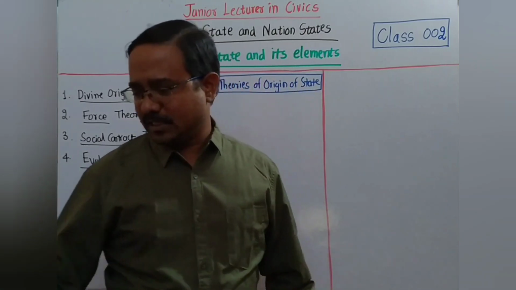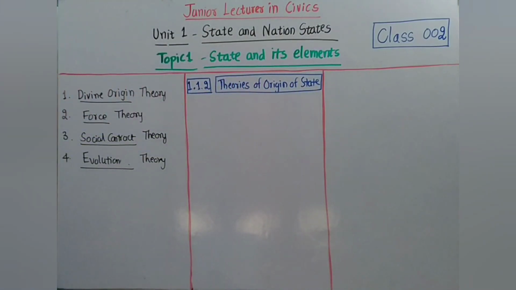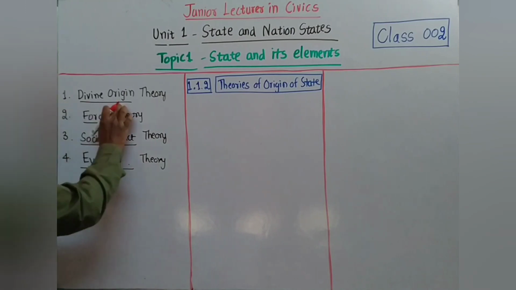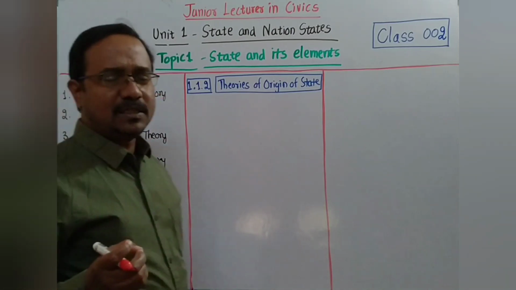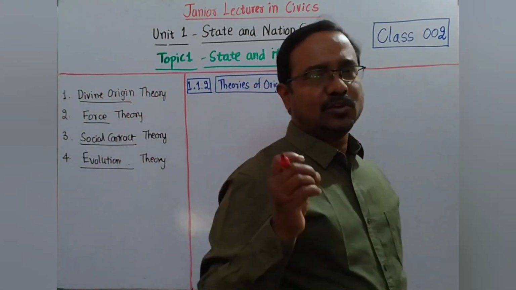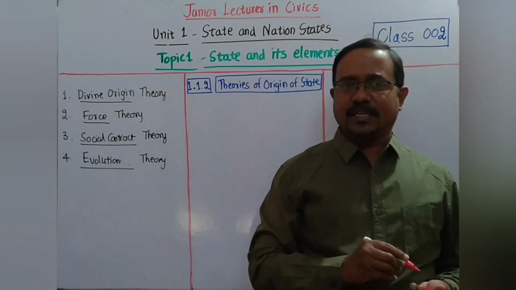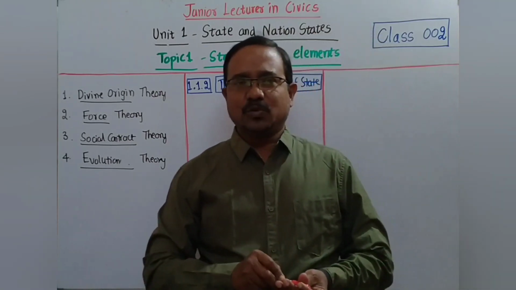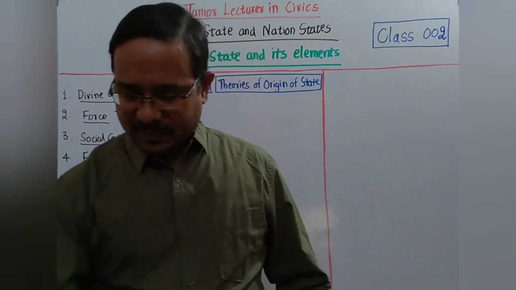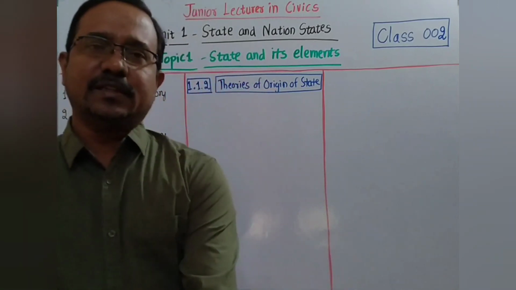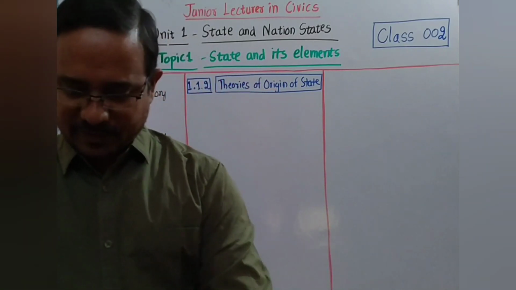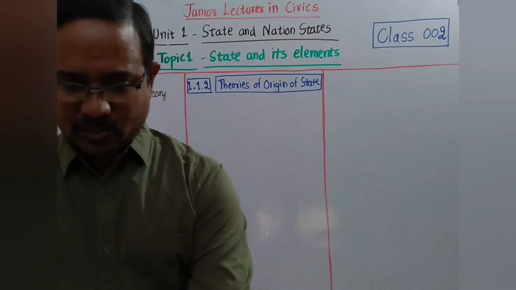Now we will discuss the first theory, that is the theory of divine origin. Divine means it is related to God. In this theory, the foremost important thing is the relationship between the king and God.